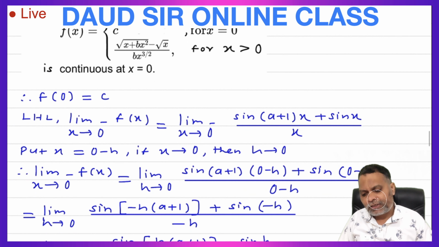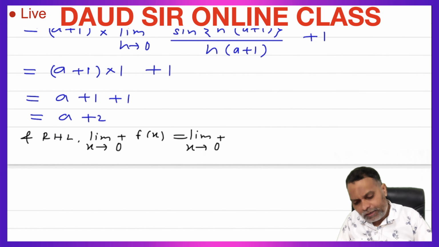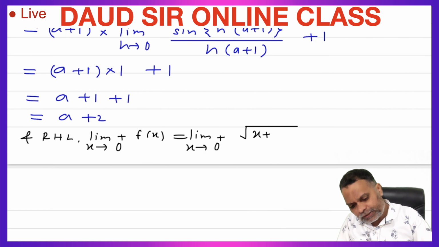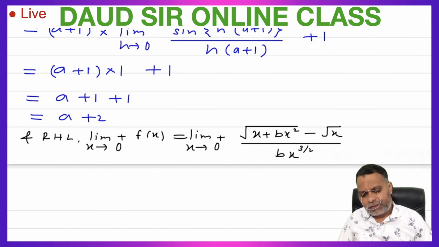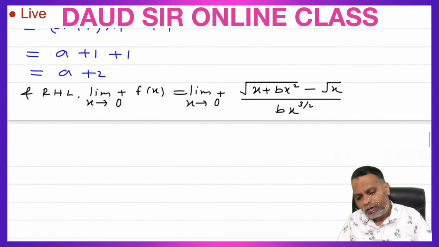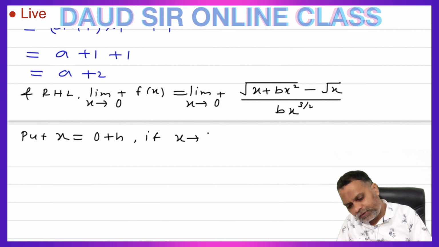Root x plus bx square minus root x upon bx raised to the power 3 upon 2. This function is given for x greater than 0. For right hand limit, put x is equal to 0 plus h. If x tends to 0, then h tends to 0.